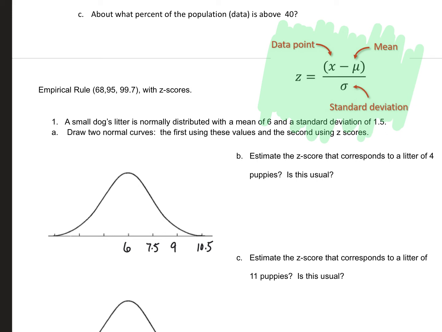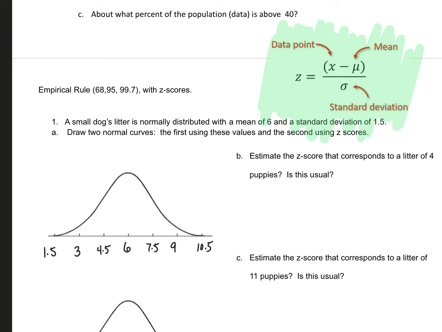Minus 1.5 takes us to 4.5. Minus 1.5 takes us to 3. Minus 1.5 takes us to 1.5. So there's our normal bell curve with a mean of 6 and a standard deviation of 1.5.